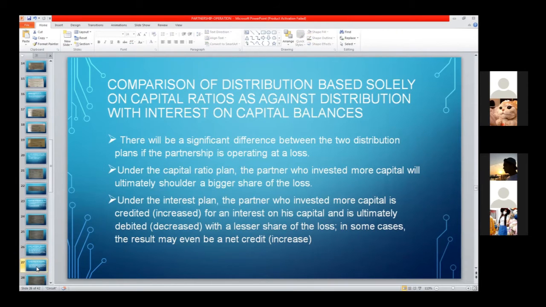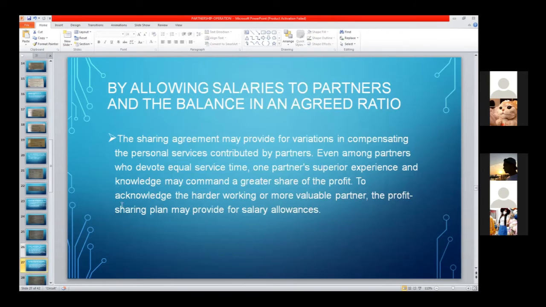Okay, so next naman tayo, by allowing salaries to partners and the balance in an agreed ratio. So the sharing agreement may provide for variations in compensating the personal services contributed by partners. Even among partners who devote equal service in time, one partner's superior experience and knowledge may command a greater share of the profit.